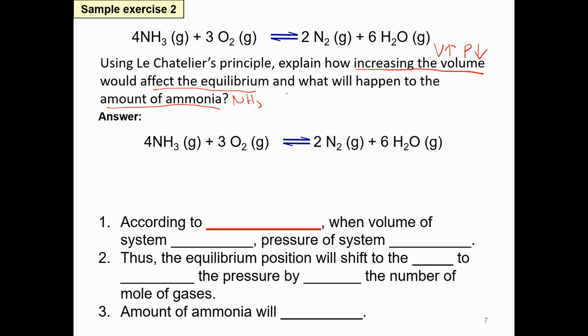For pressure, make sure that we are calculating the number of moles of gases only. For reactant, we have 4 moles, 3 moles. So the mole total equals 3 plus 4 equals 7. For product, 2 moles and 6 moles. So the mole total for product equals 8 moles.